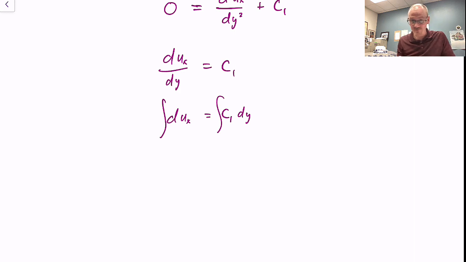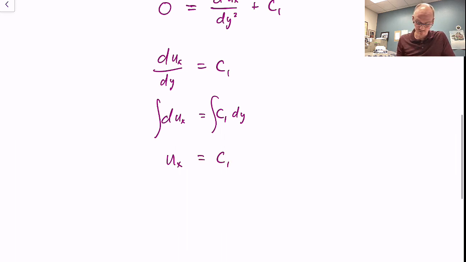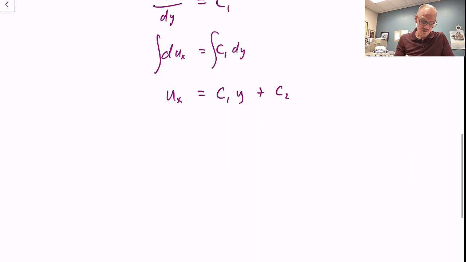The integral of a derivative is just that thing that's inside the derivative, and the C1 comes out to the left, and the integral of dy is just y, but we do have a second constant, C2. Now we have our boundary conditions that are going to play in here.